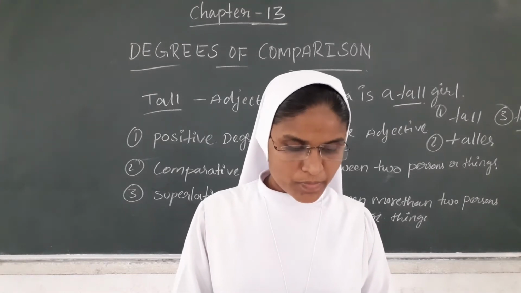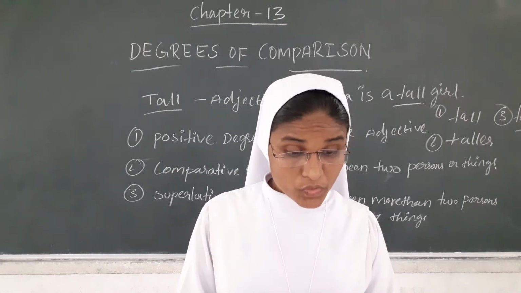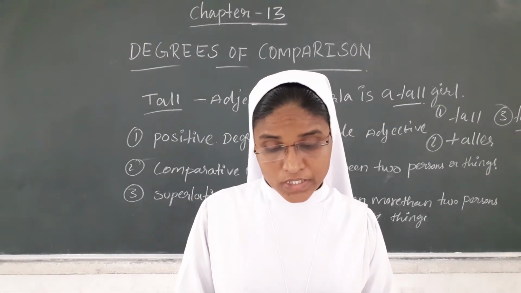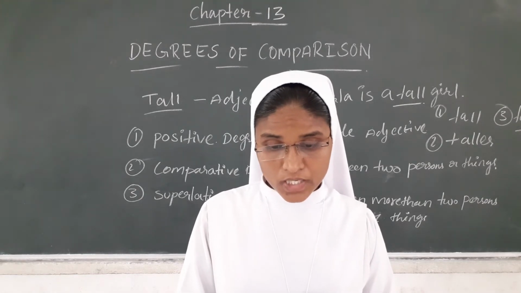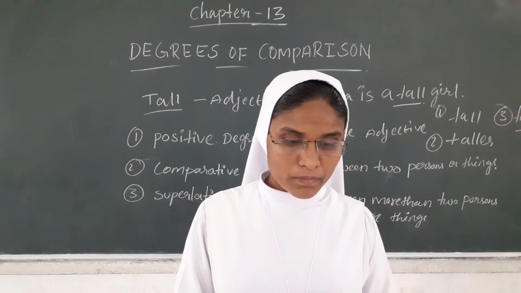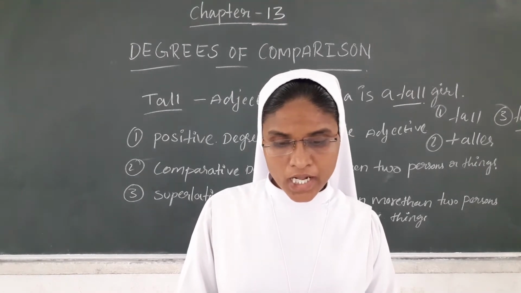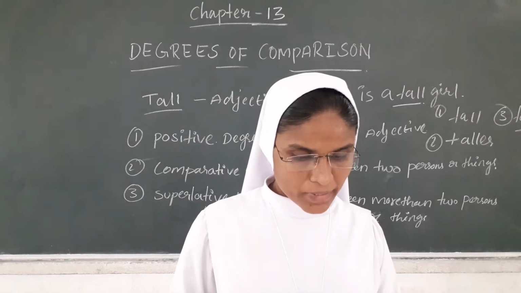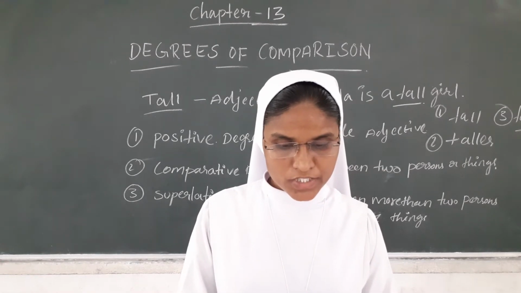The fourth one is on page number 50. If an adjective is a short word that ends in a consonant and has a single vowel in the middle, we double the consonant and add -er and -est to make the comparative and the superlative degrees respectively.